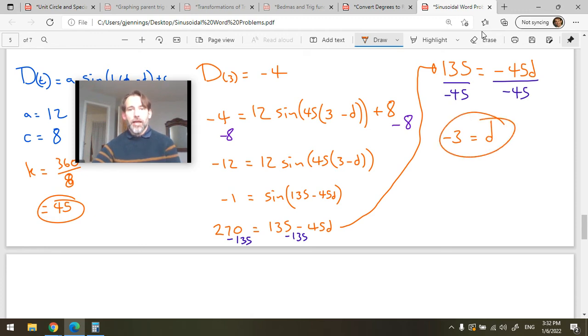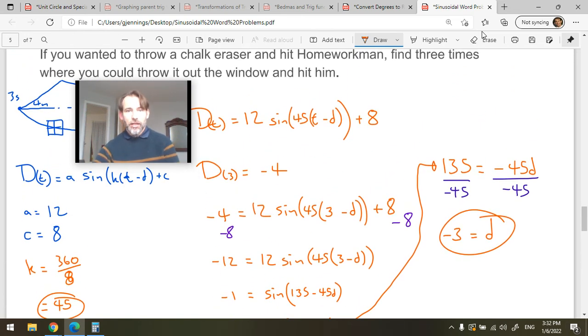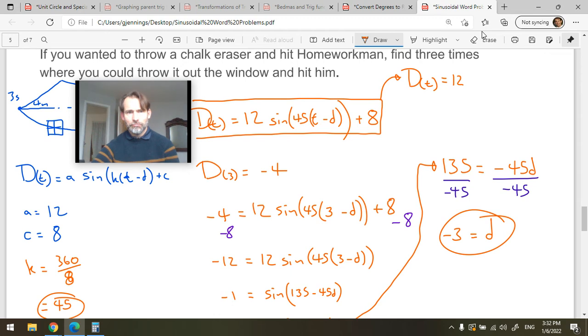So I had negative d there, so I'm going to actually have 3 t plus 3d. So let's go up. We'll find our initial function here. Here was the function. All right, we're going to say d, the distance from the window, is a function of time, and it's equal to 12, because that's how much I'm swinging in both directions.